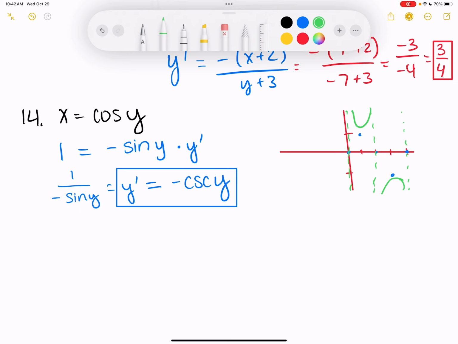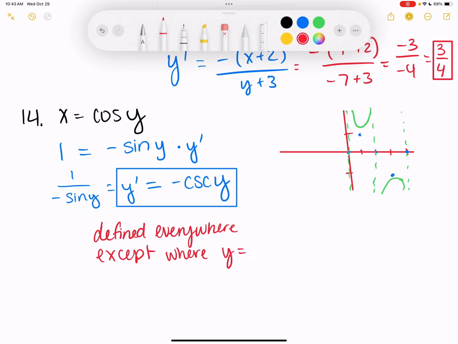So that means that this is defined everywhere except where y equals k pi and k is an integer, because that accounts for anywhere positive and negative that would be a problem.